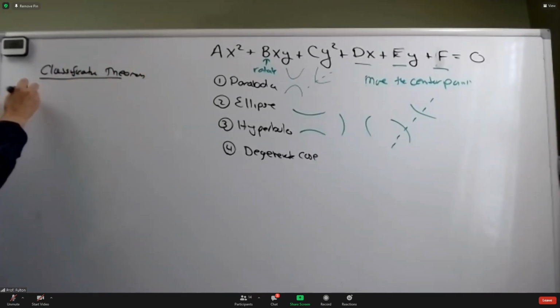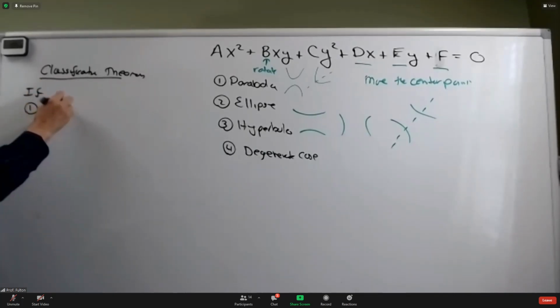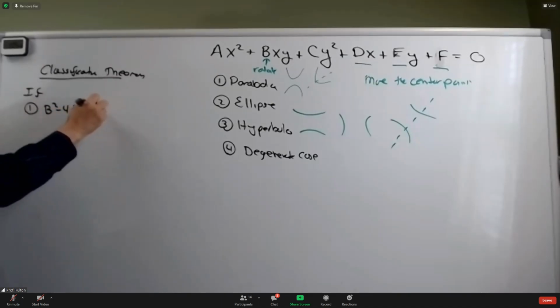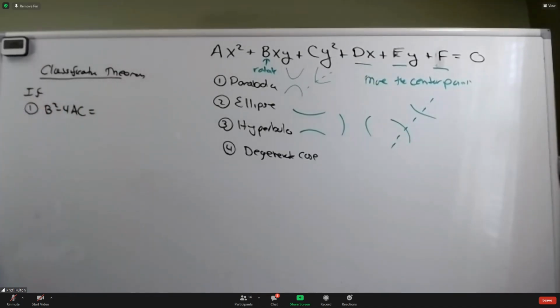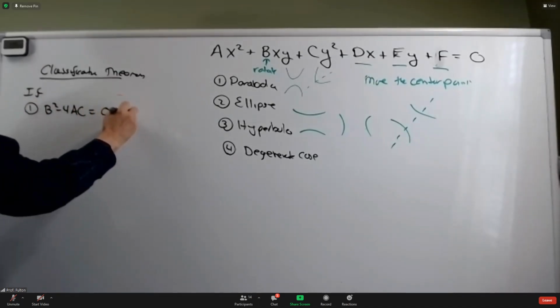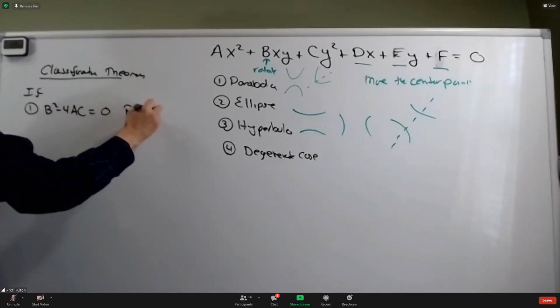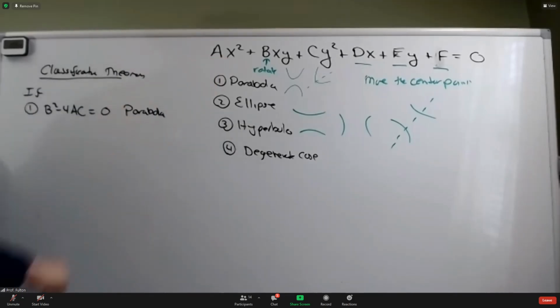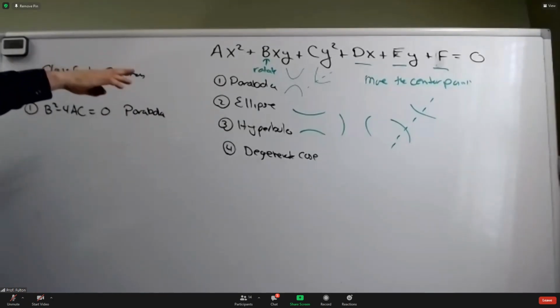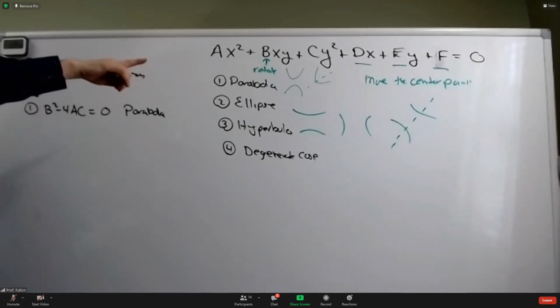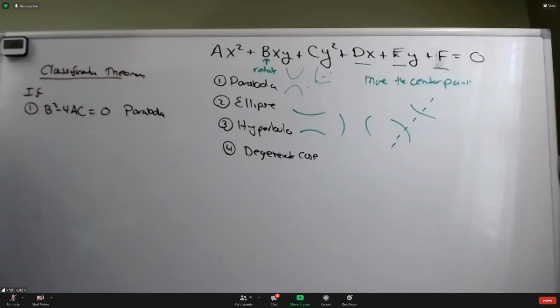If b squared minus 4ac is equal to 0, it's a parabola. You could still have y squared and x squared terms there.